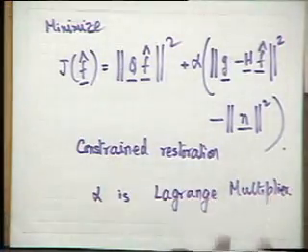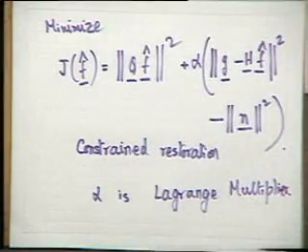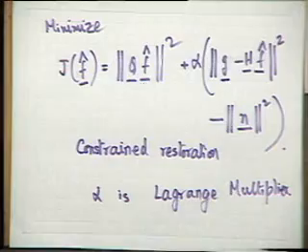Alright. So now for constraint restoration, we are going to do the same thing which we did last time. That is to say, this objective function J(f hat) we are going to differentiate with respect to f hat and equate that to a zero vector.